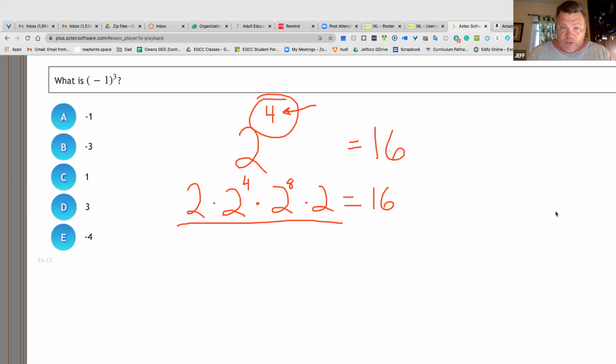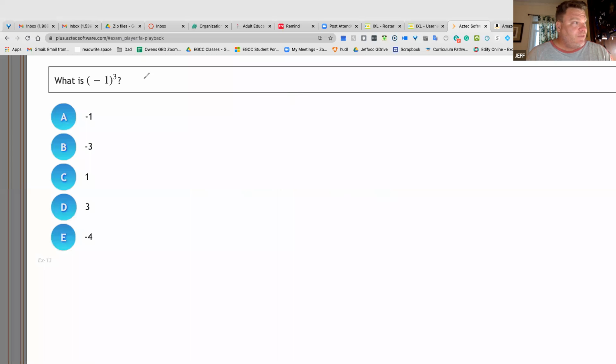Then there's some tricky parts. This is a tricky part. So -1 is just a number like any other number to the third power.